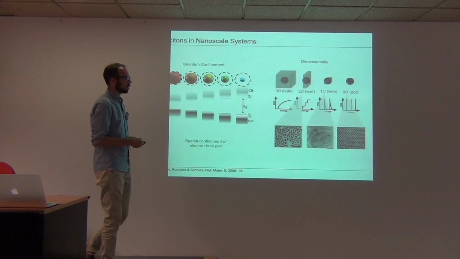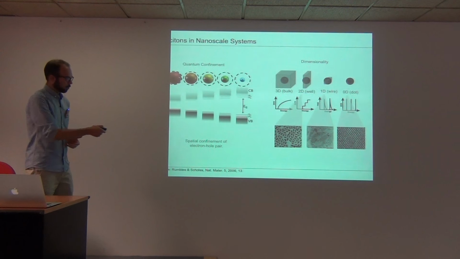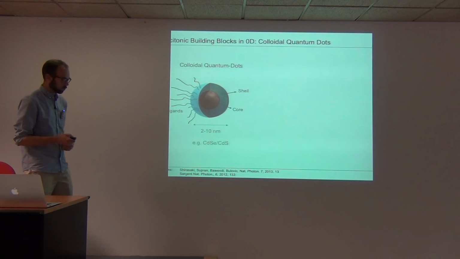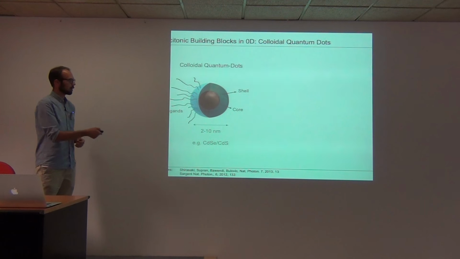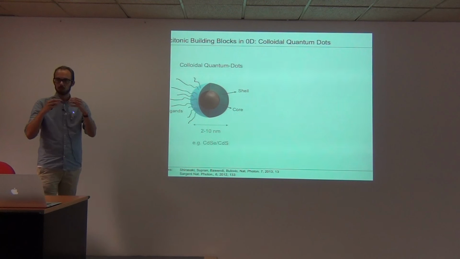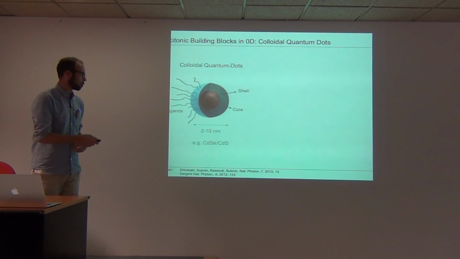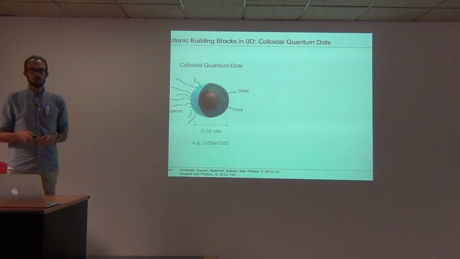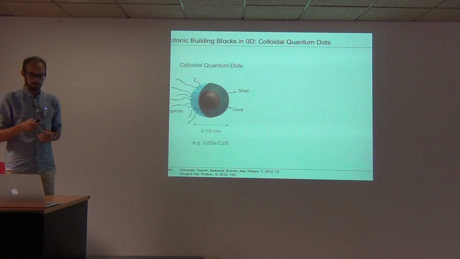So when we zoom in on one of these quantum dots, when we synthesize them in solution, this is kind of what they schematically look like. So we have this core, which is our size-tunable nanoparticle. So this gives us access to the different colors of the material. And they are typically epitaxially coated with a shell of a material with a slightly larger band gap.